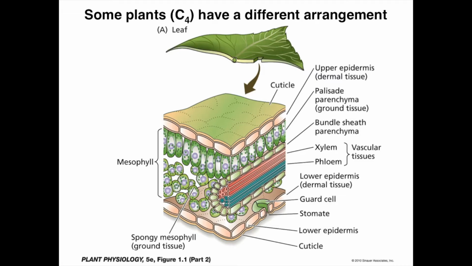So what about plants that are different from this? If we think about this typical cellular arrangement that we find for C3 plants, well, C4 plants for the most part have a very similar arrangement. There is a key difference, though, in that in addition to the tightly packed bundle sheath cells here, we also have another ring of tightly packed mesophyll cells exterior to the bundle sheath layer.